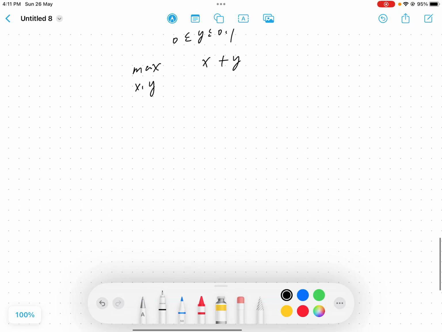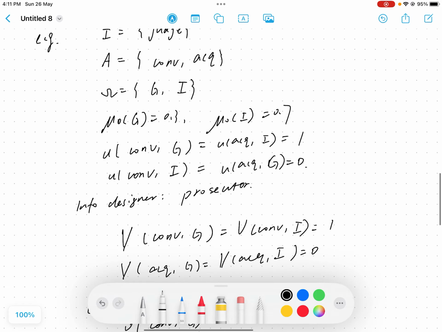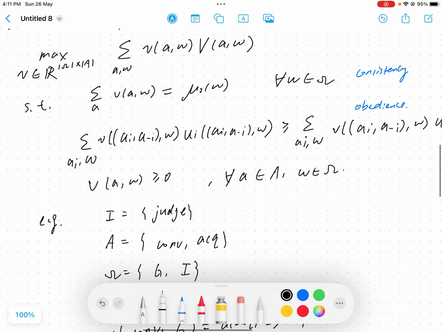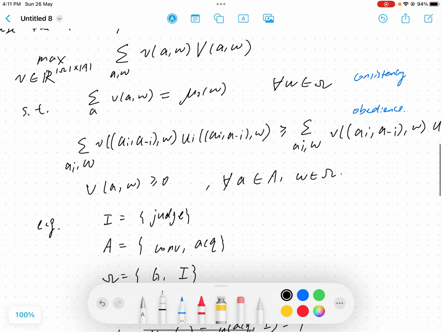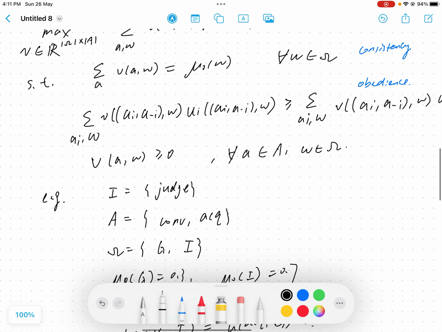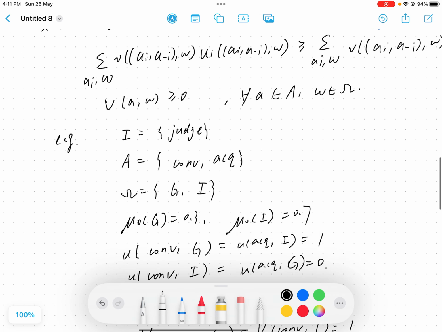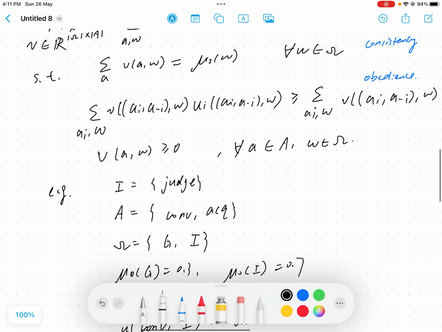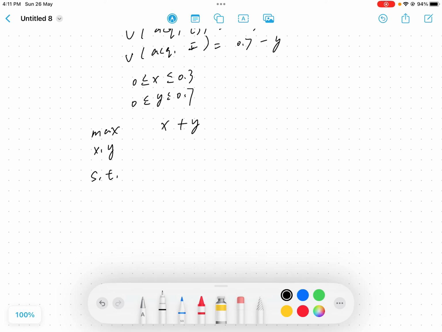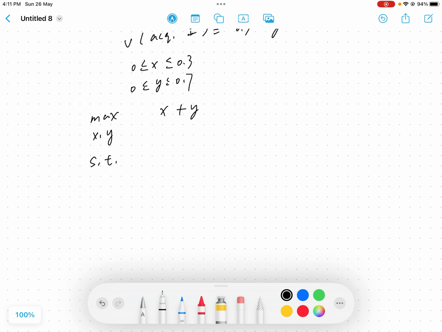And similarly, the constraints are simplified. We haven't written the constraints yet, so here we will first have the obedience. For the obedience, first let's check the convict action.